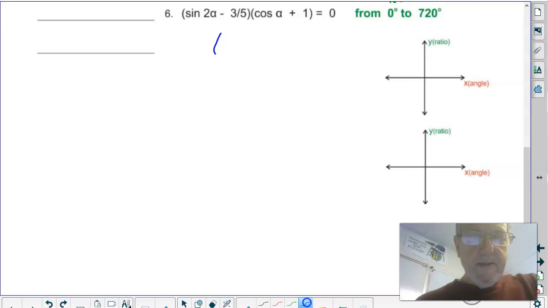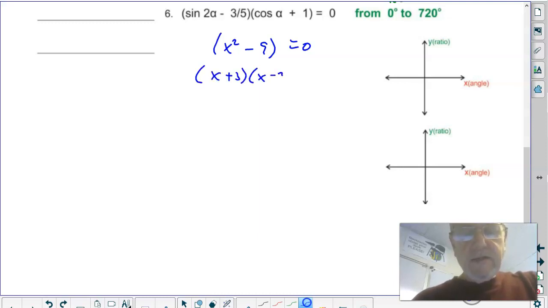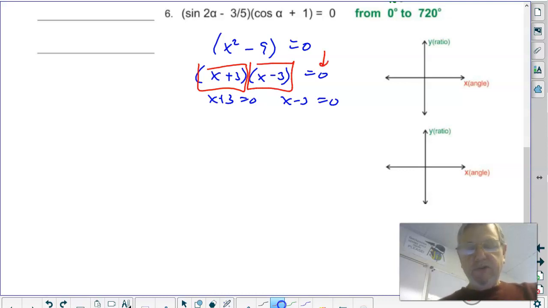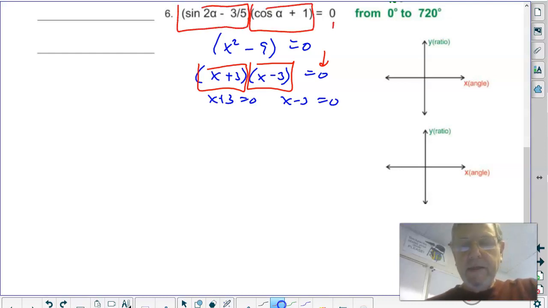If I had x squared minus 9 equals 0, I can factor that into x plus 3 times x minus 3 equals 0, and then I can set each one equal to 0 and solve, right? Because I have these 2 things multiplied that equal 0, so therefore one of them has to equal 0. So that's the basis of what we're doing here.